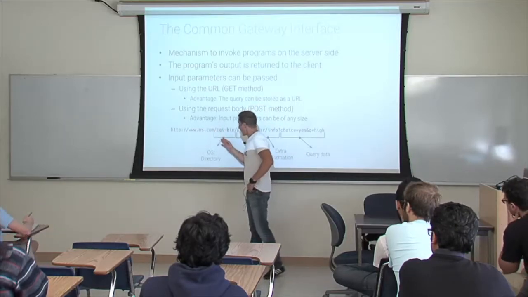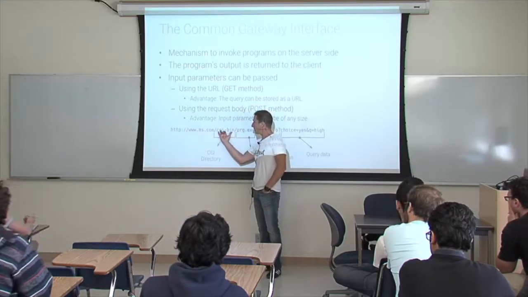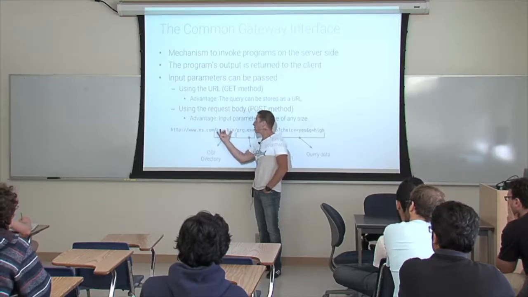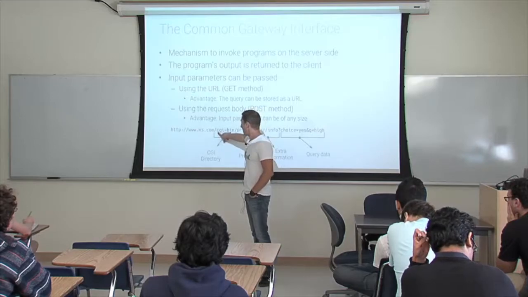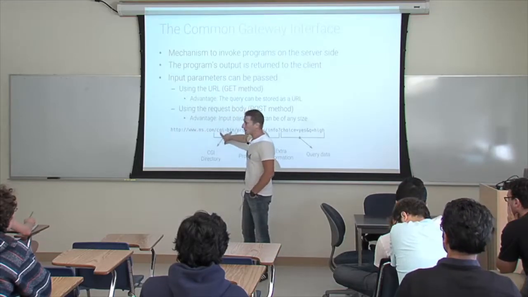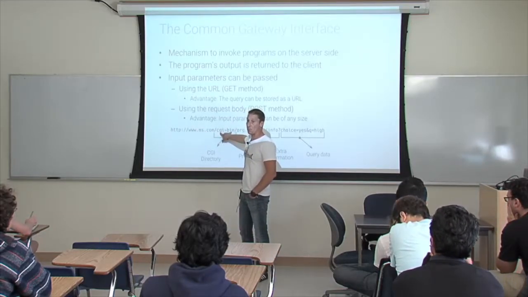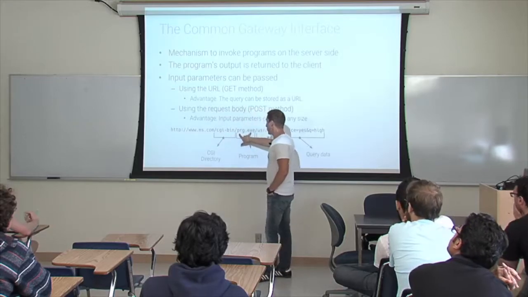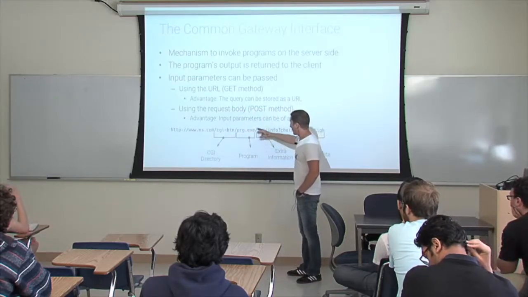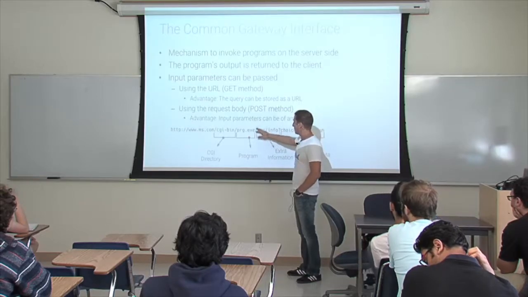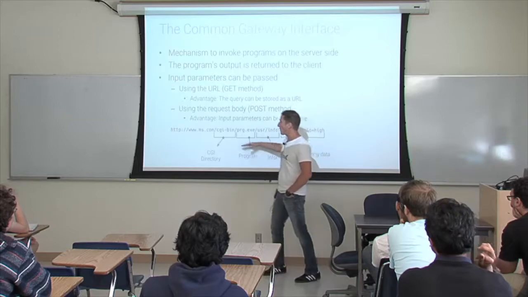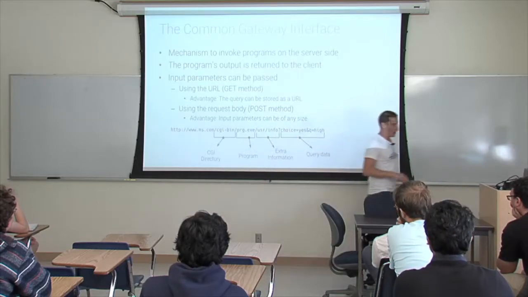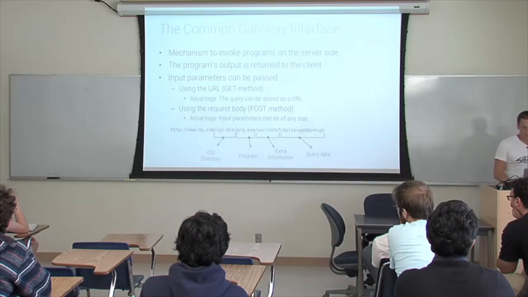Usually, every website has a path that is not a real path. There might be no cgi-bin directory. There is just a path that says, okay, this is a website, and if you see this path, what comes after is a program. In this case, prg.exe. And then there is something that very seldom you see, called extra information. And then you have the parameters, or you have the parameters in the body as they're passed.